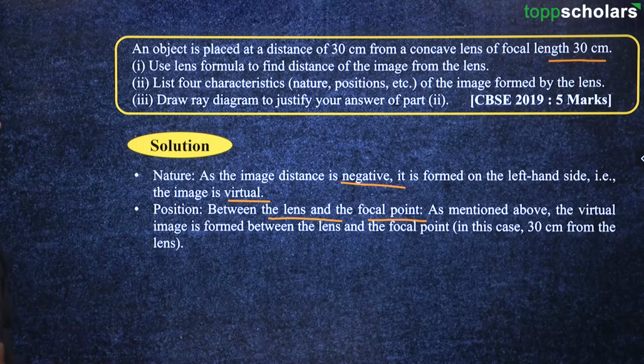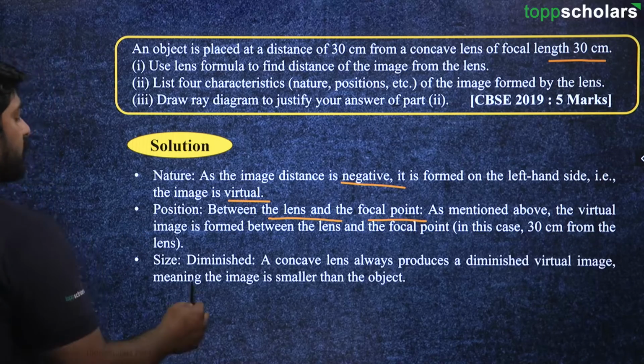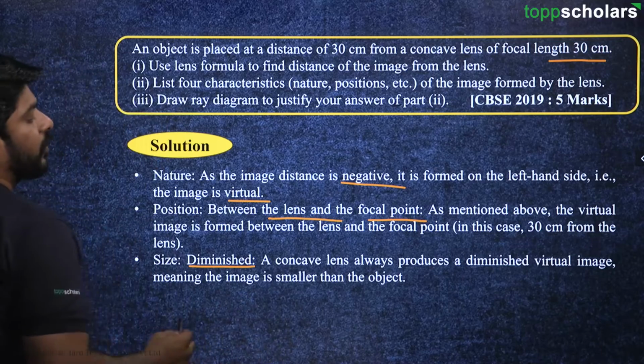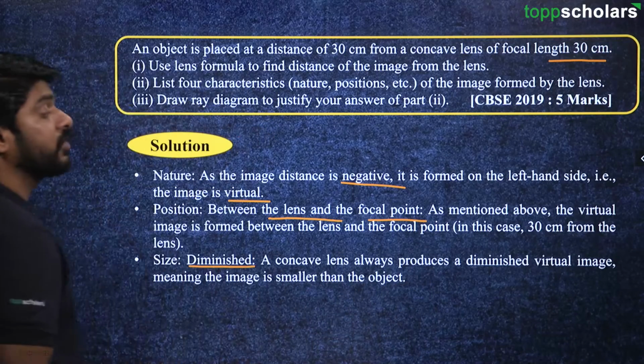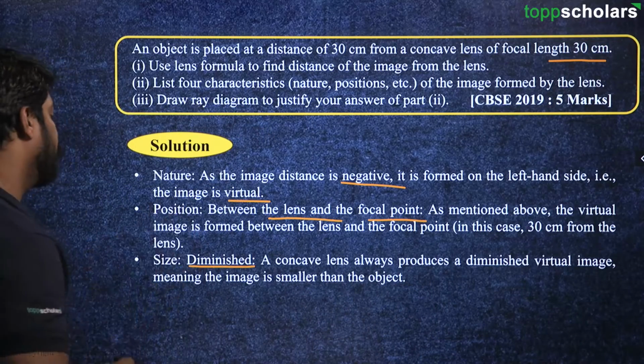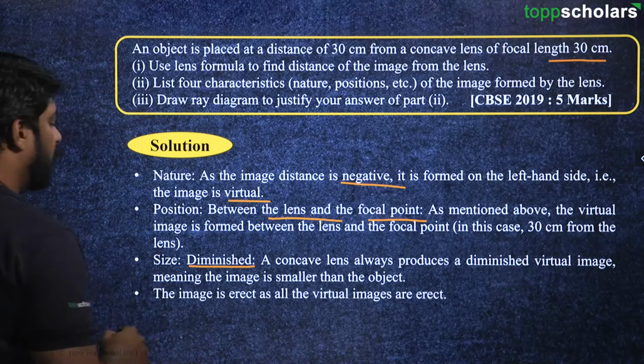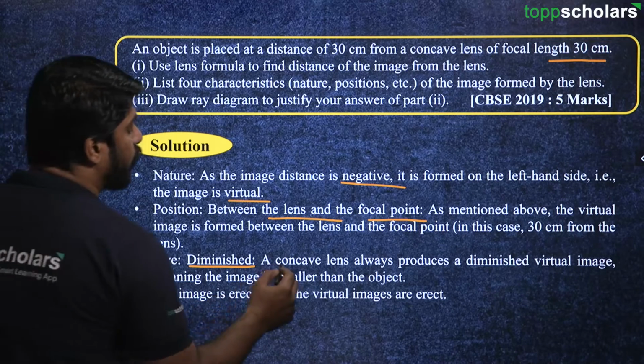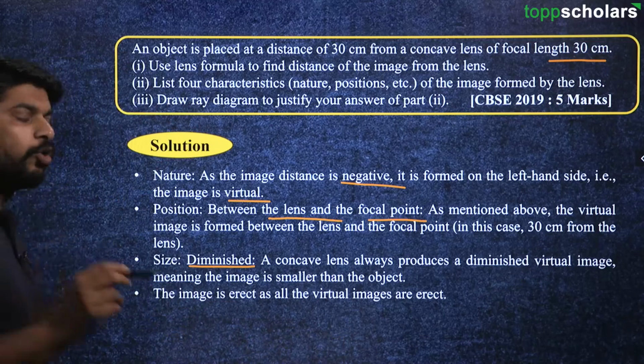And size: it is diminished. A concave lens always produces a diminished virtual image, and the image is erect, as all virtual images are erect.